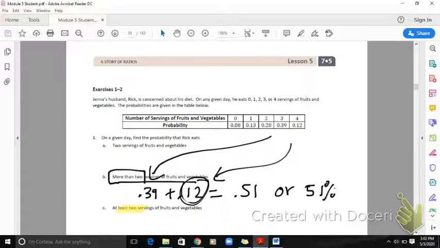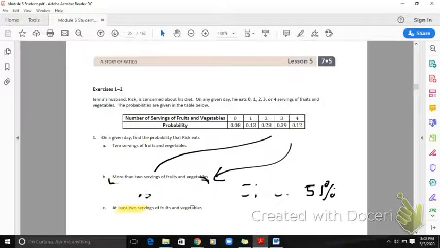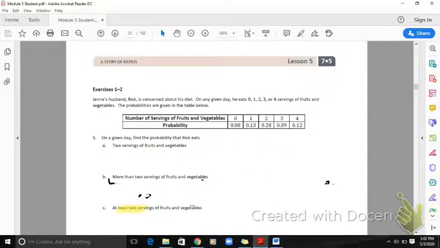So that means he can eat 2 servings. Here, I'm going to erase my answer for part B just so that part C could be easier to read. So at least 2 servings means he eats 2, 3, or 4, right?